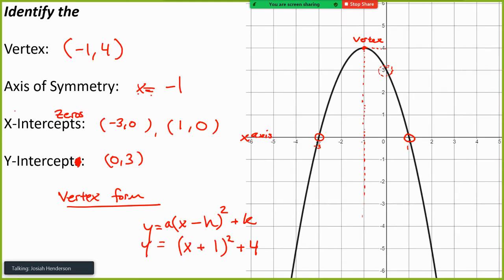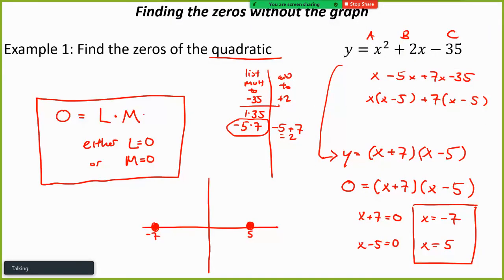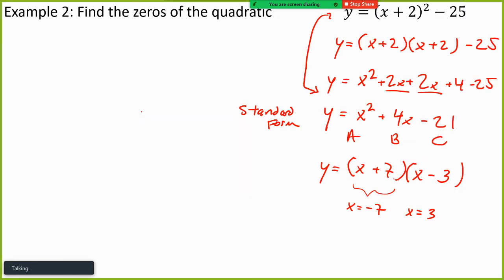Of course, we want to be able to find our x-intercepts, the zeros, and then sometimes they'll ask us for the y-intercept. So this is our main goal for today, and also this process of finding the zeros with just the formula or just the equation in either format.